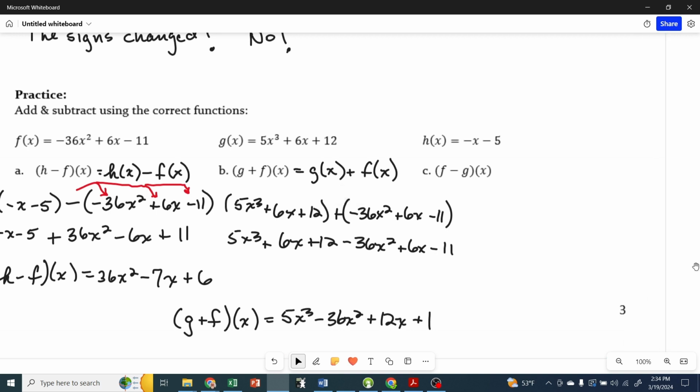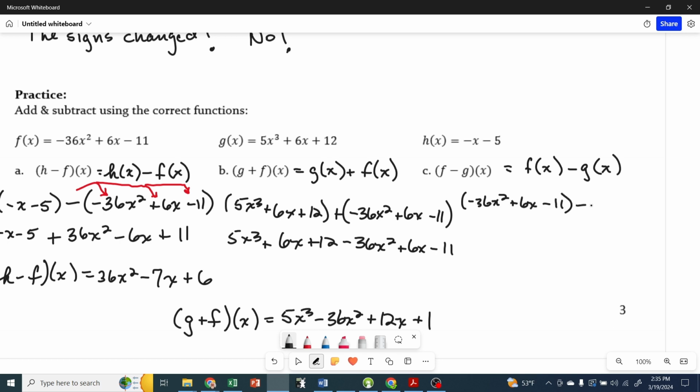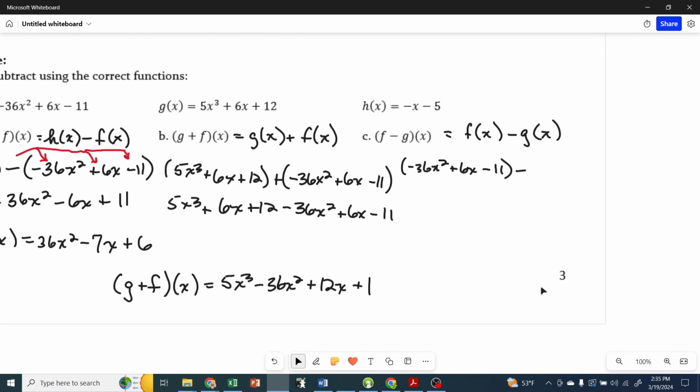All right. So now we're going to have f minus g of x. So again, that's equal to f of x minus g of x. So we're going to end up with negative 36x squared plus 6x minus 11 minus 5x cubed plus 6x plus 12.